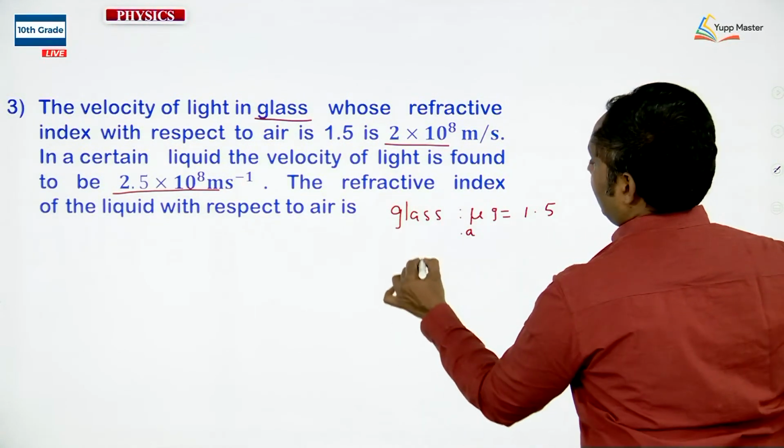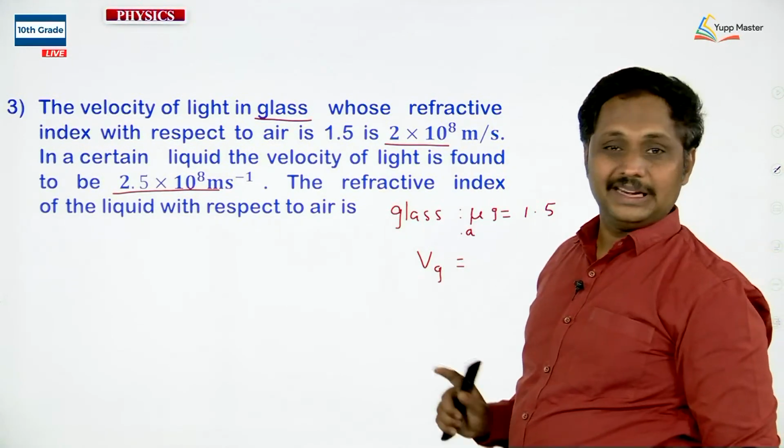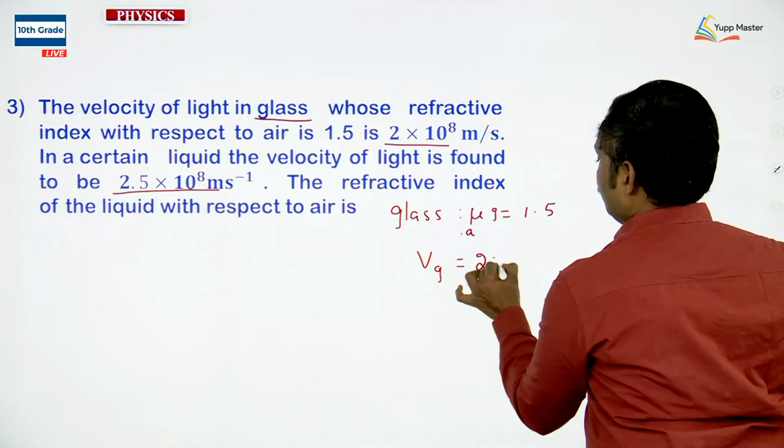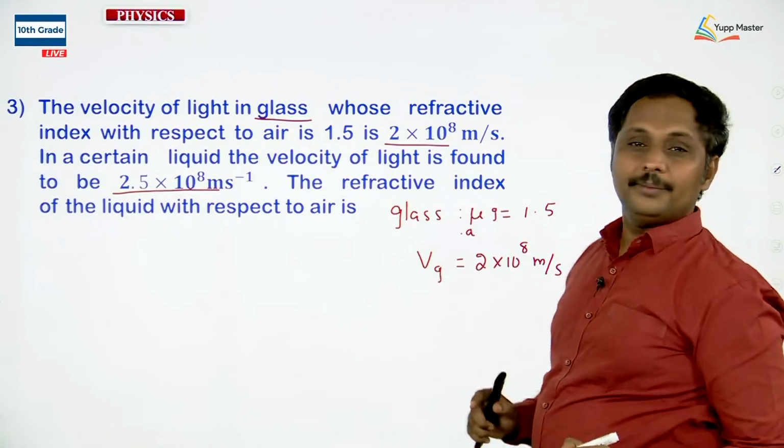Next, you know very well the velocity in glass, Vg, that is 2 into 10 to the power of 8 meter per second.